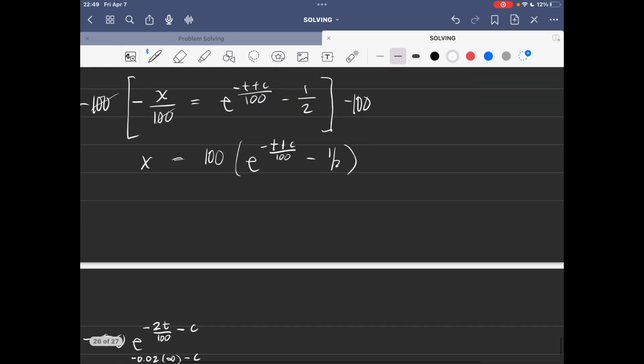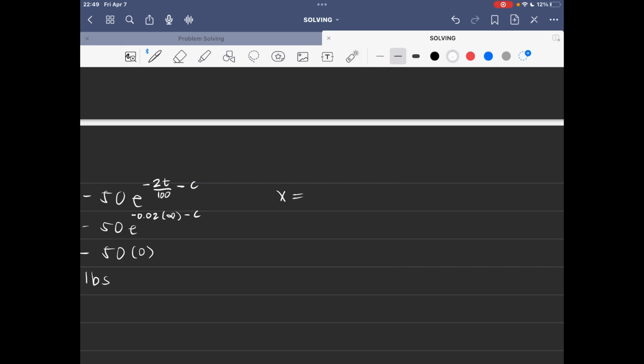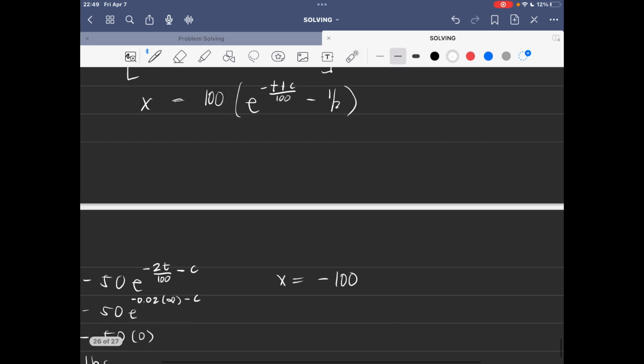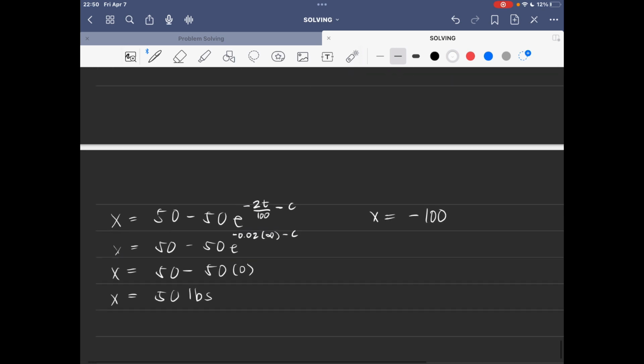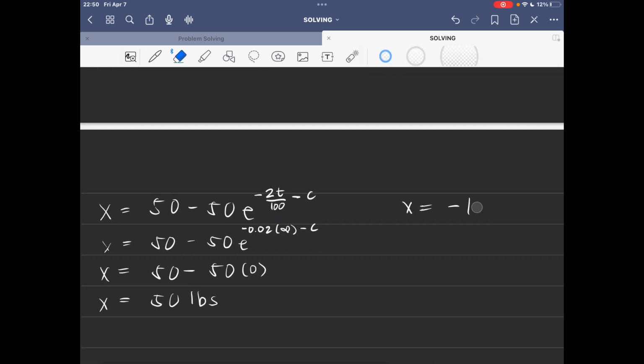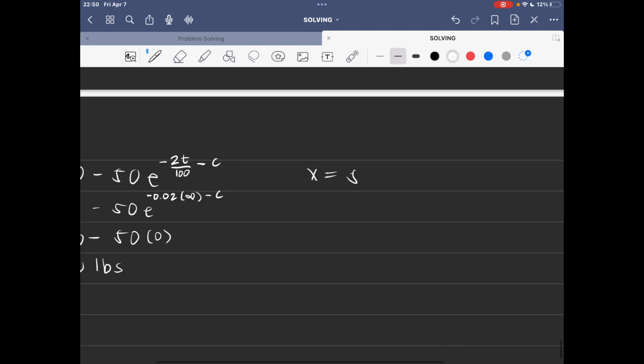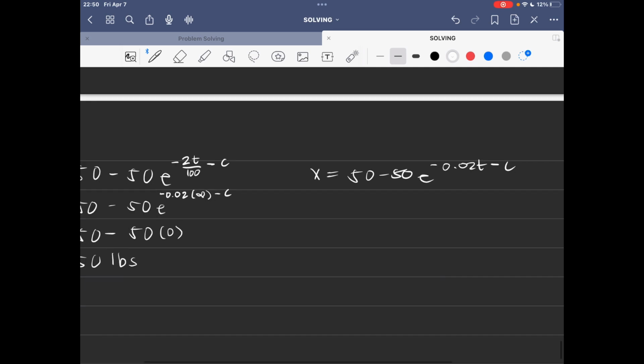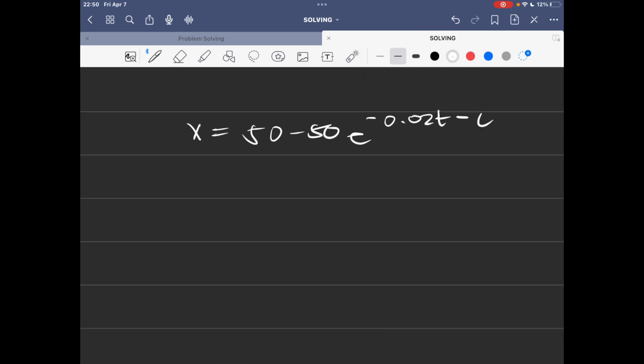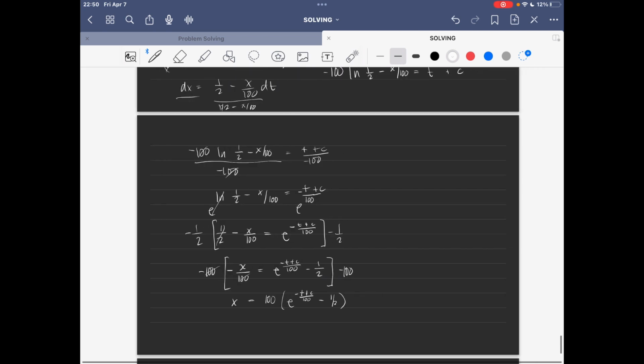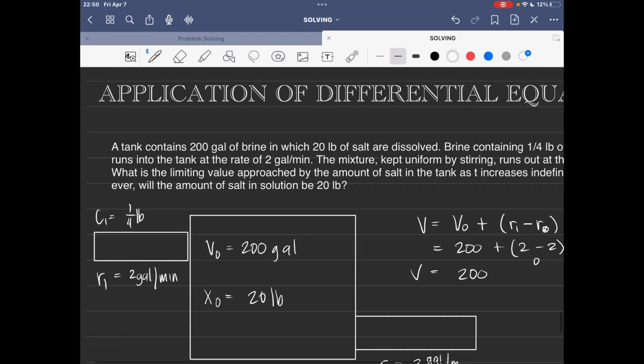You can just use this equation. x is equal to 50 minus 50 e raised to negative 0.02 t minus c. At first we have a tank contains 200 gallons of brine in which 20 pounds of salt are dissolved.